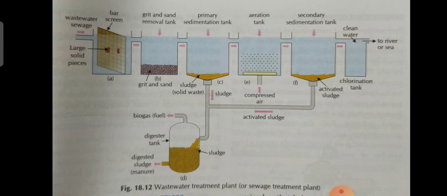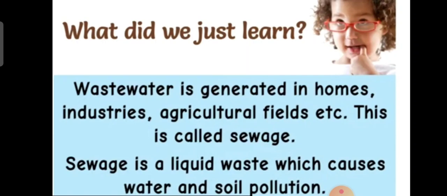Now the water goes to the next tank, the chlorination tank, where water is disinfected with chemicals like chlorine and ozone before it is discharged into water bodies like the sea, river or into the ground. Now after going through all these processes, is the water clean now?